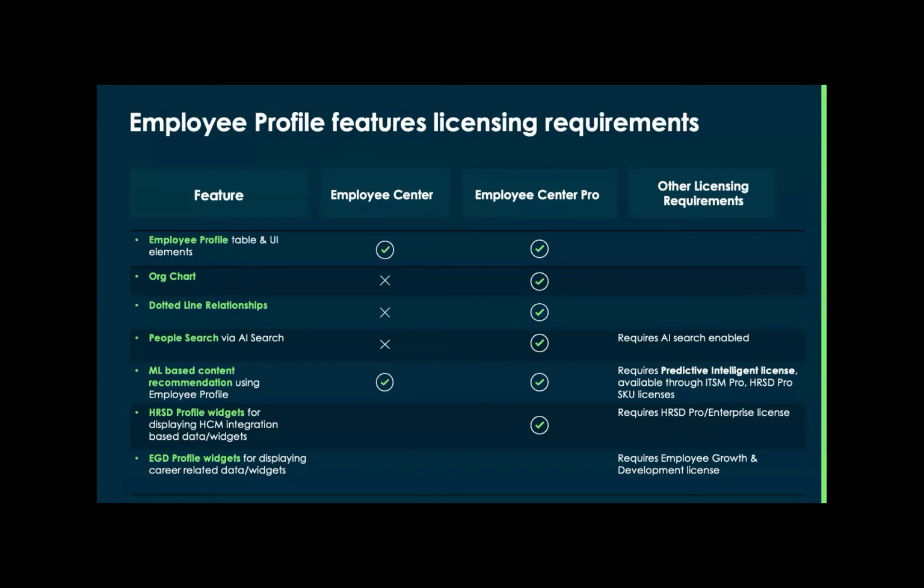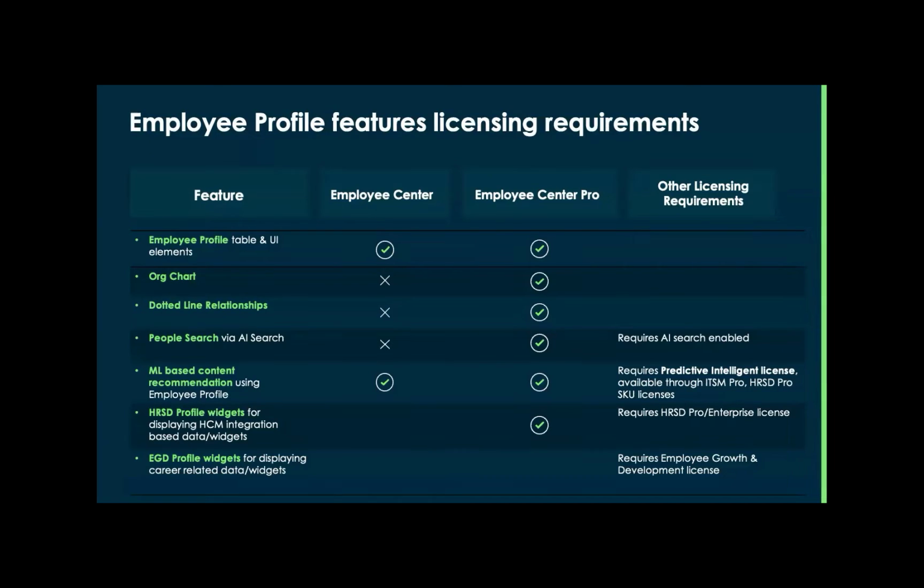So when we talk about the employee profile table and all the UI elements like the profile tabs and all the information displayed, this is available to all customers, whether it's Employee Center or EC Pro license, right? So it's available for everyone. Then we have the org chart functionality. Org chart is only available for EC Pro licenses.